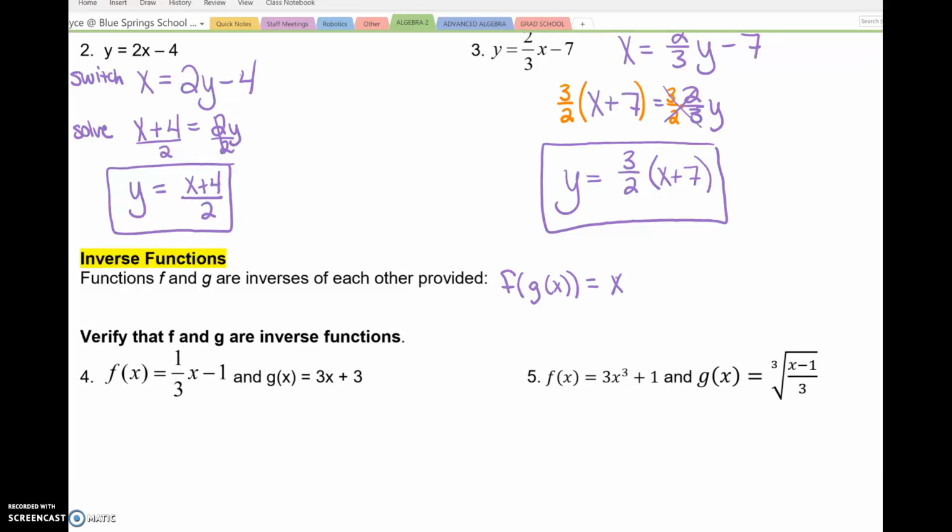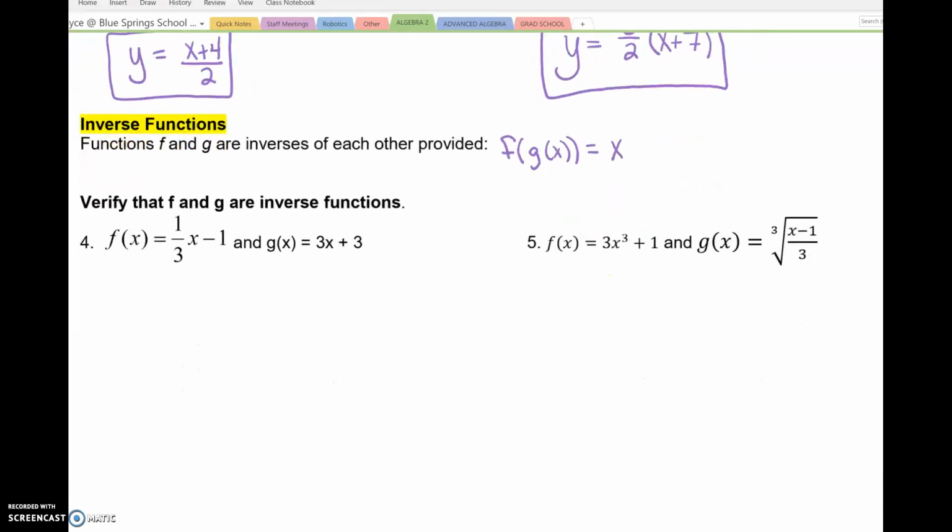If there's a times 2, the inverse is going to have a divided by 2 to make it go away. So if you plug one function into the other and you end up with plain x, that means they are inverses. So basically, if you see the word verify, that means do f of g of x and see if you get x.